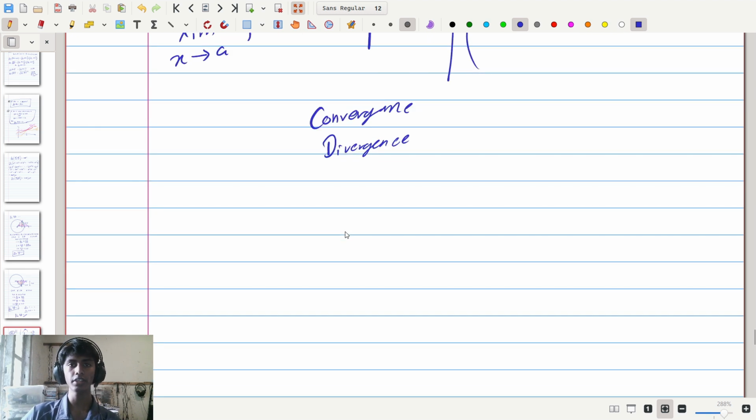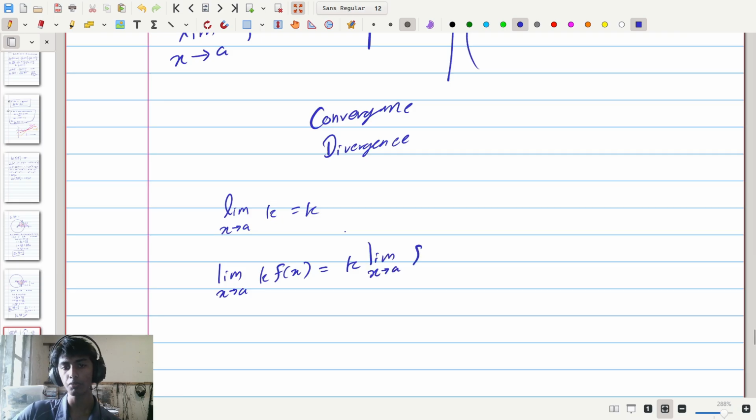And then we considered some simple rules regarding limits, such as the limit as x approaches a of a constant being that constant. We discussed that the limit as x approaches a of a constant times a function is equal to the constant times the limit of that function as x approaches a of f(x).